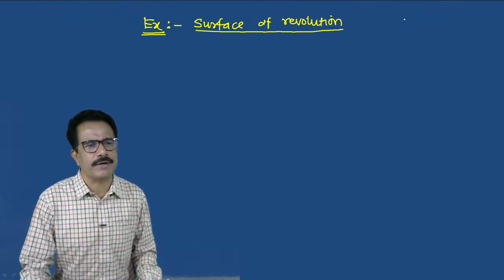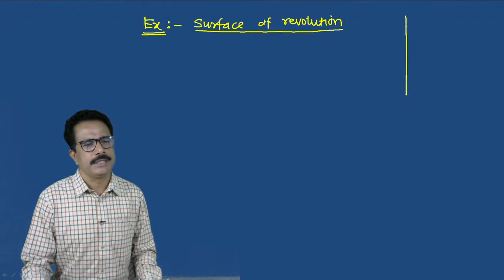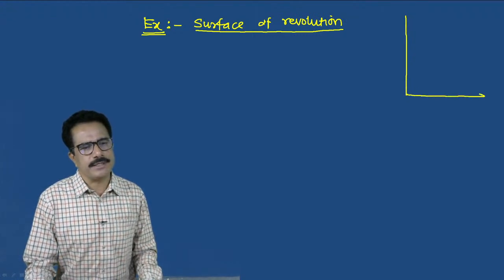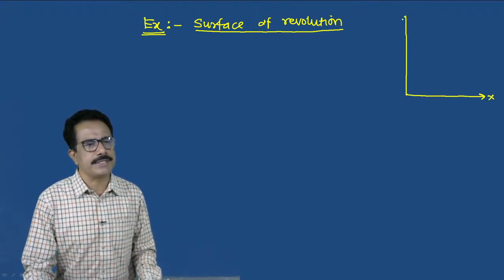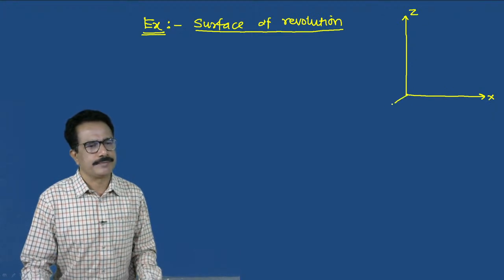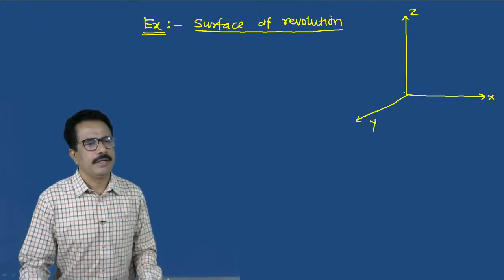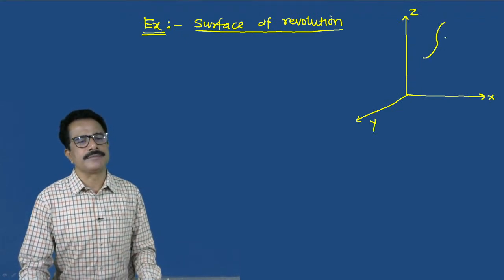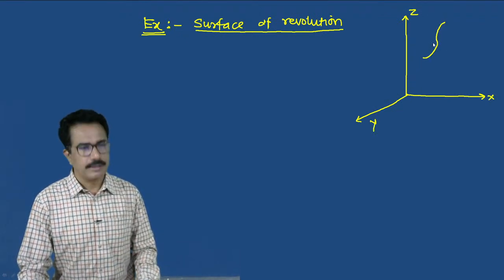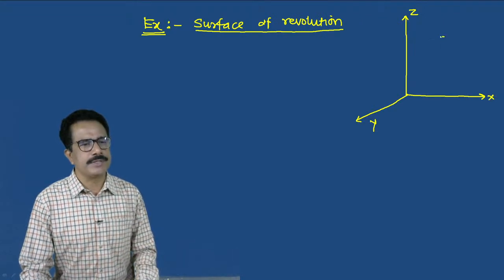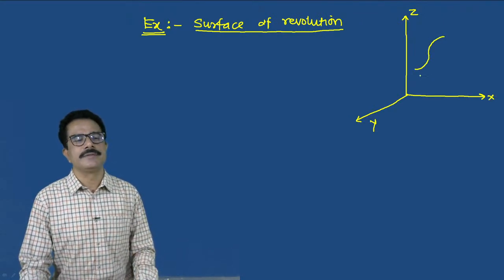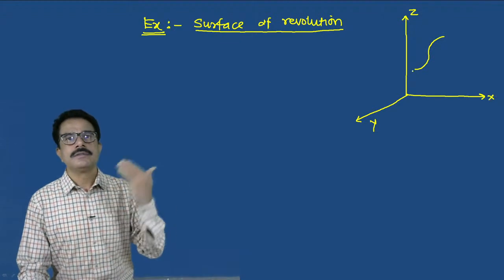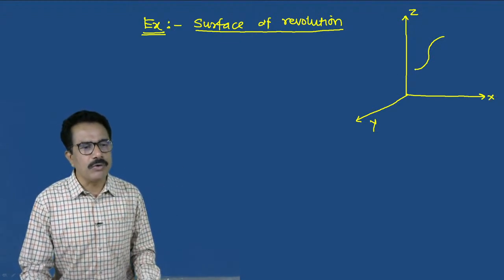Surface of revolution means what? Suppose this is the x-axis, this is the z-axis and the y-axis. Suppose this curve is revolving about the z-axis, then what will happen?